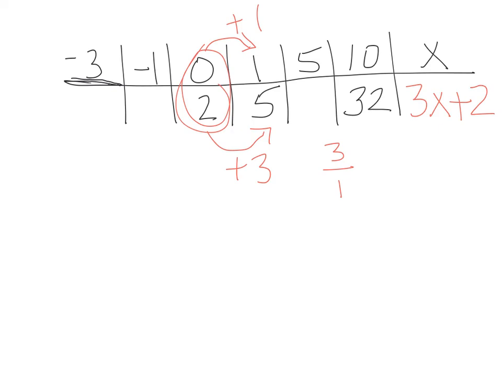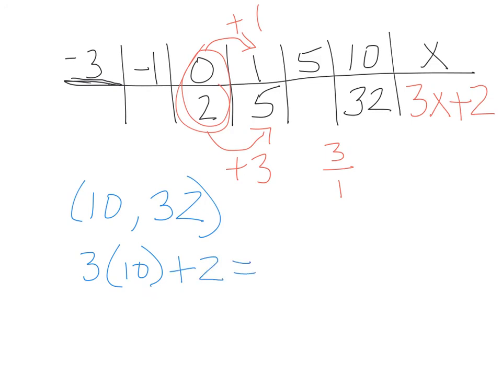So let's use this other point to see if that actually works. So if I have the point 10, 32, and let's say the question might say, is this point on the line, or does this point satisfy the rule? Well, let's take a look. So let's take 3 times 10 plus 2 and see if that gives us 32. And these are x and y, so technically your rule is y equals 3x plus 2.